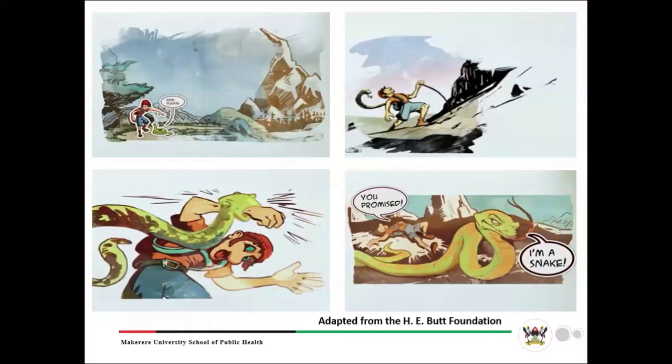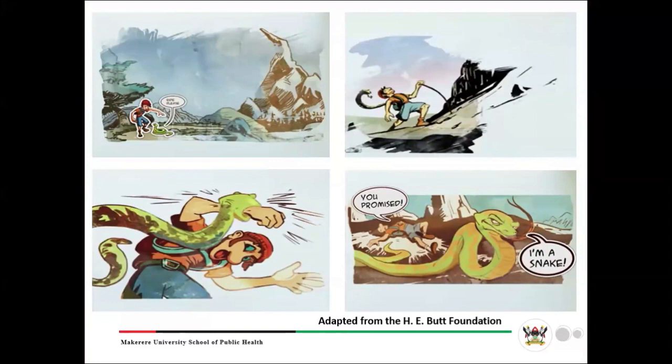I want to start this presentation with a brief story of a young man who had a desire to see what lay across the countryside. The only way for him to see what was beyond was to climb up a high mountain, and he started the journey. As he was starting, he met a snake, and the snake requested him to carry it so that they could go together up the mountain.